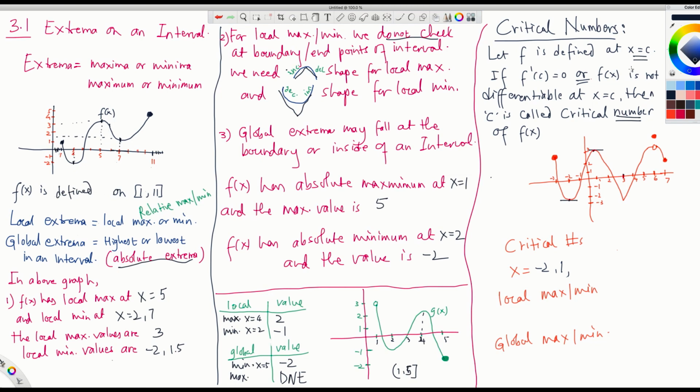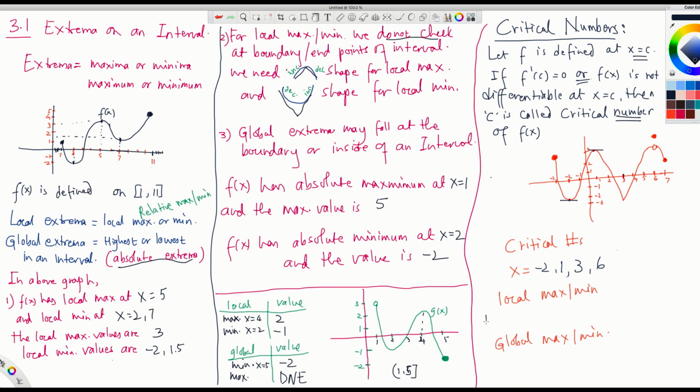Also, the derivative does not exist at 3 because there is a sharp corner, right? So it is 3. And then at 6, the derivative does not exist. Why? Because the function is not continuous. If a function is not continuous, then the derivative does not exist at that point, right? So 6 as well.